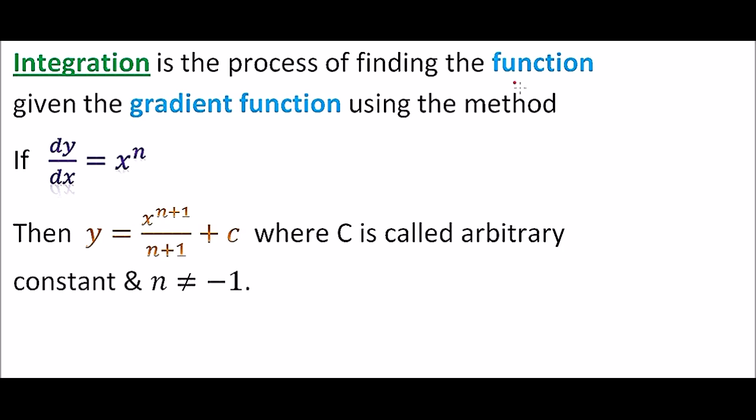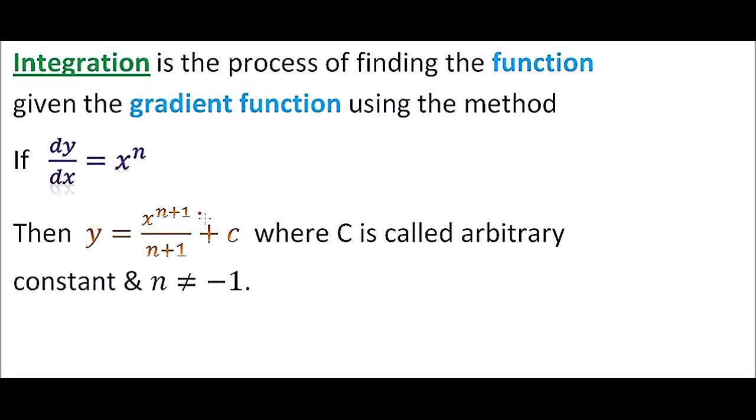So if you are given a gradient function, to get the function, let's take an example that our gradient function is dy over dx is equal to x to the power n. Then the function y is equal to, we add 1 to the index, that is n.